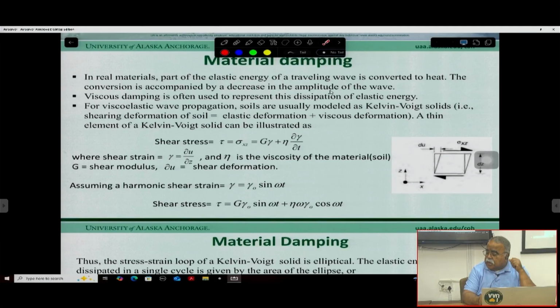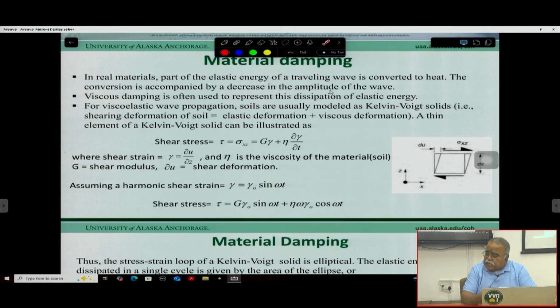Whenever any elastic energy or earthquake seismic wave propagates through a material, it will generate some heat, right? So if any elastic energy propagates through a material, there will be a decrease in amplitude because some part of the energy is converted to heat energy, right?